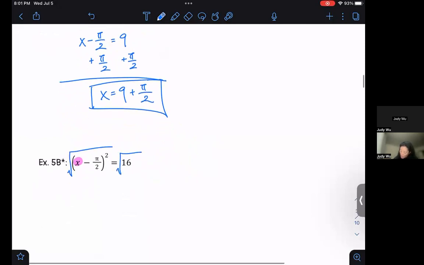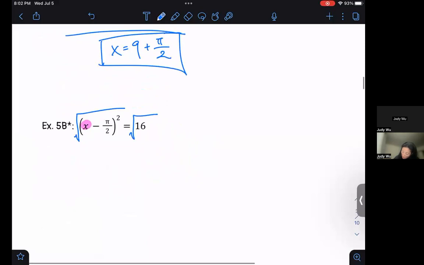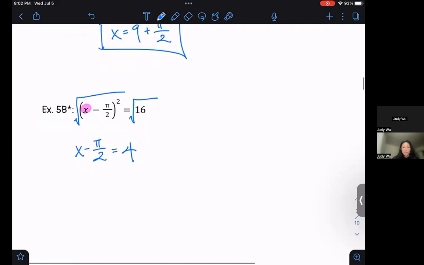When I take the square root here, I'm going to get x minus pi over 2 equals 16. Nope, not 16. What do we get? We get 4. And now when we take our square root, one thing that I really, really don't want us to forget to do is this.